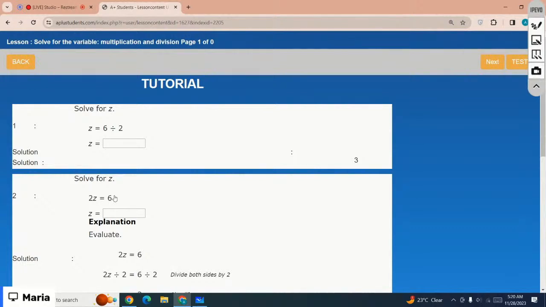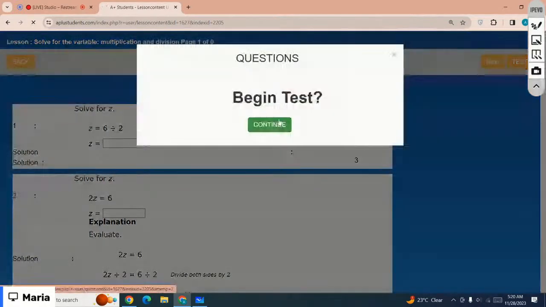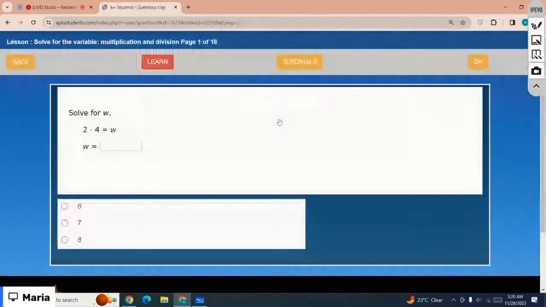Let's just start with the test questions. Okay, solve for w, that is 2 times 4, which is the correct option.